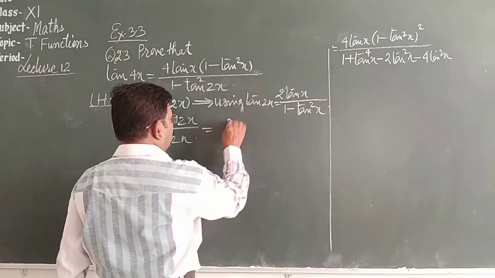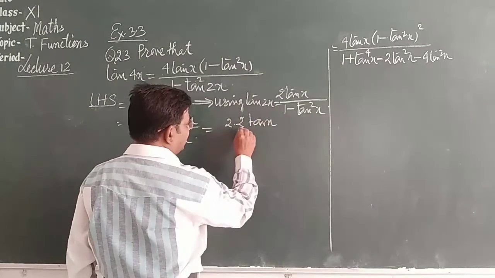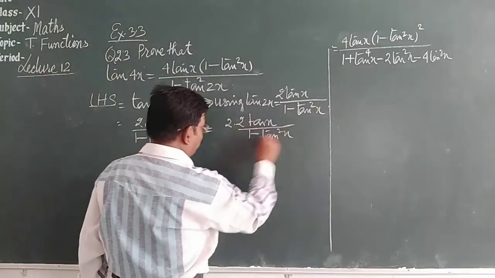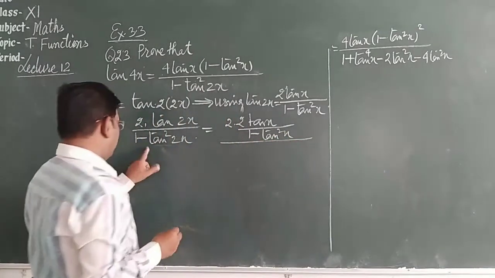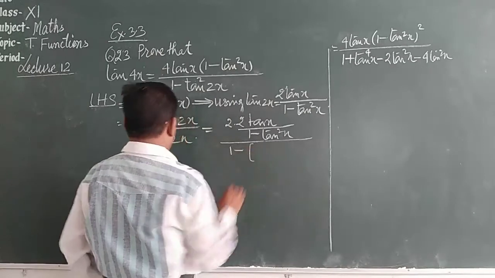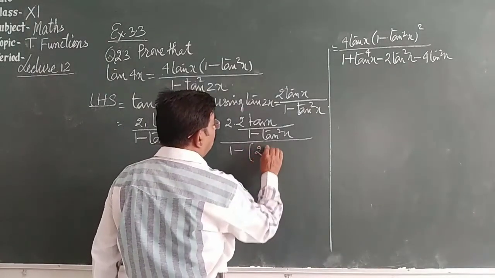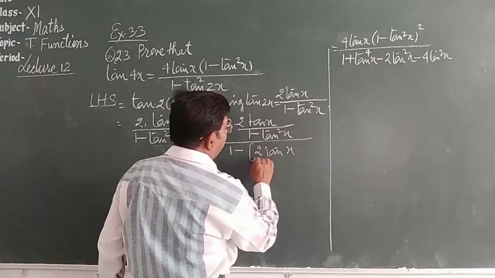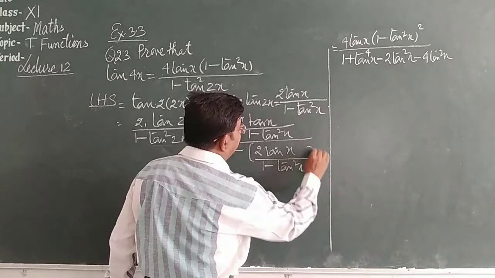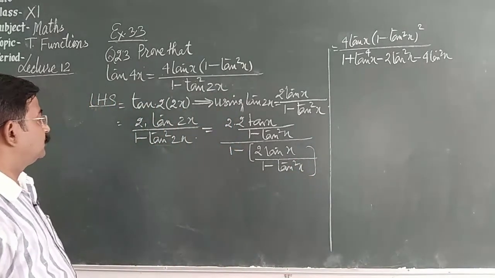We have 2 times of 2 tan x. See, 2 tan x upon 1 minus tan square x was left, whole upon 1 minus tan square 2x. So we can write 2 tan x upon 1 minus tan square x, whole square.